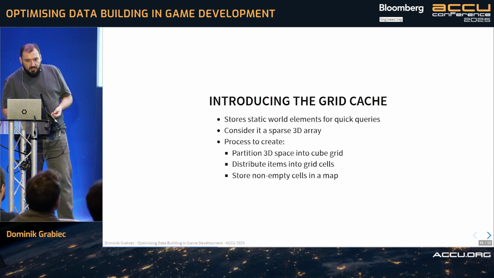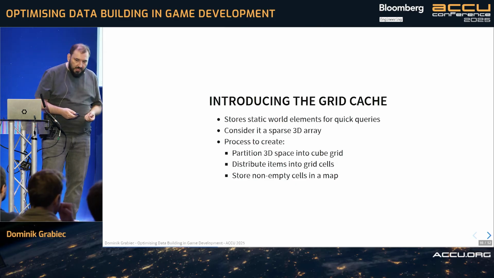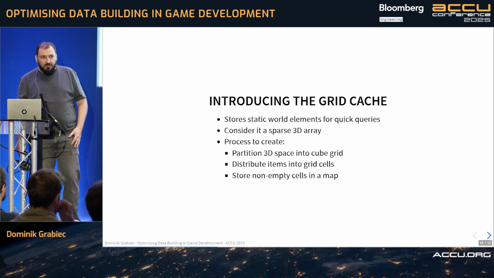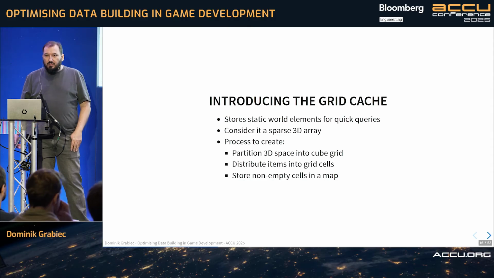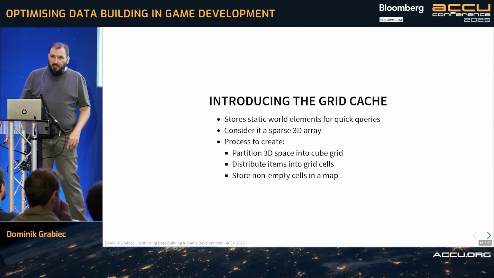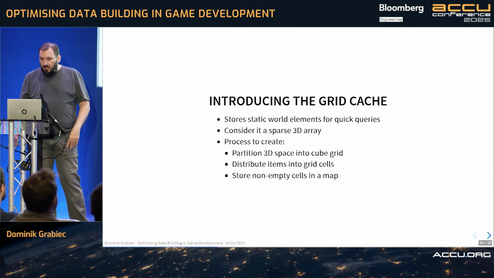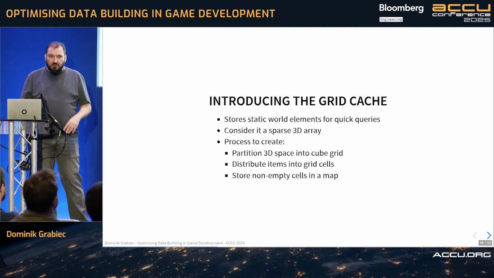So one thing I did is I created this thing called the grid cache, an alternative data structure for doing slightly faster 3D lookups. I created it when I needed to do the building for a large city. I have seen similar things in related fields like physics engines, but nothing exactly like this.